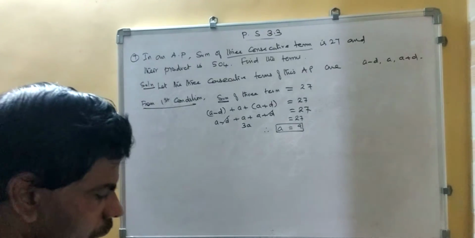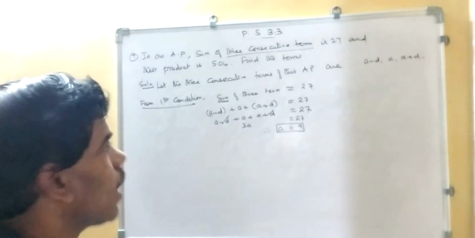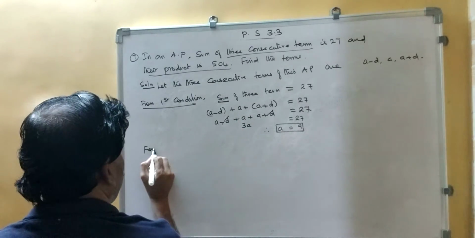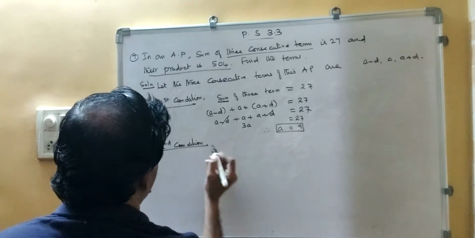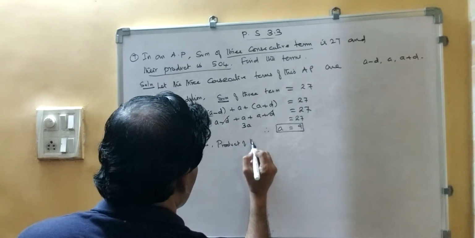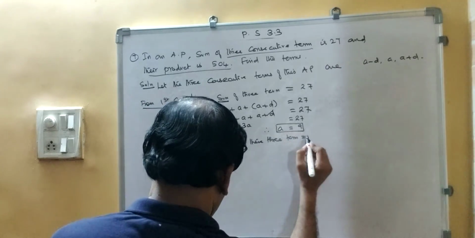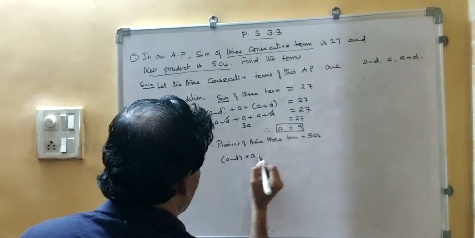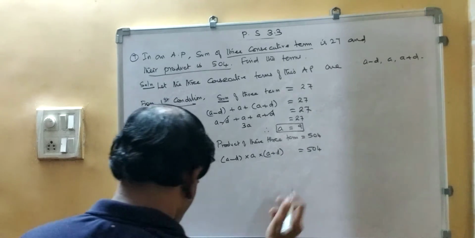So you know A. Now what you have to do? You have to find the value of D also. Correct? But what is the second condition? Their product is 504. From the second condition, the product of these three terms equal to 504. So A minus D multiplied by A multiplied by A plus D is equal to 504.